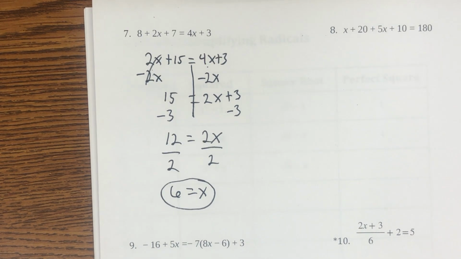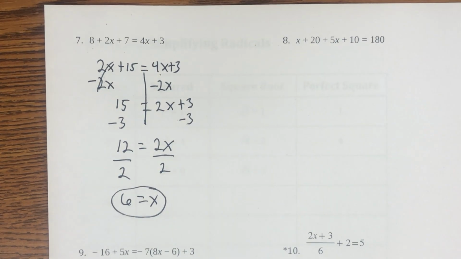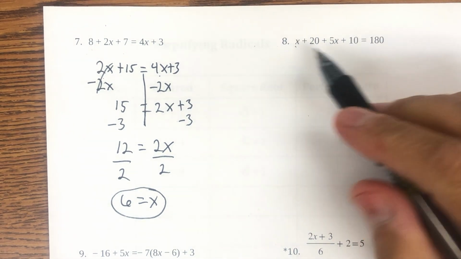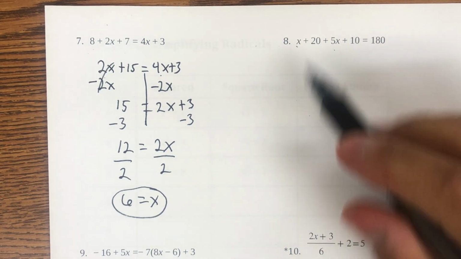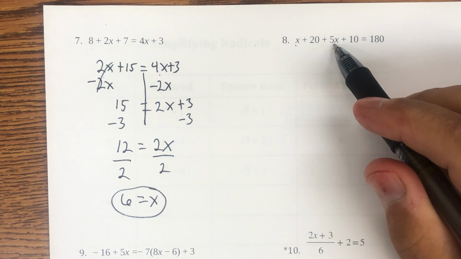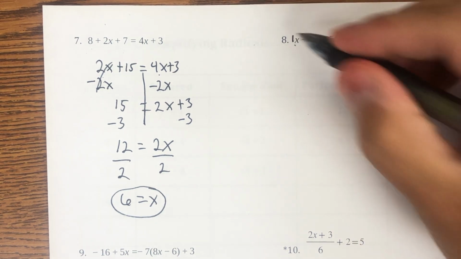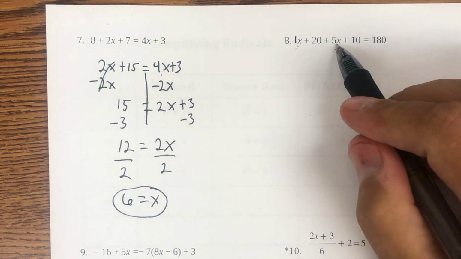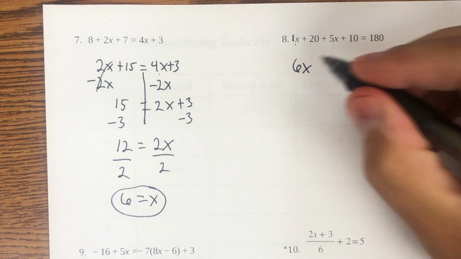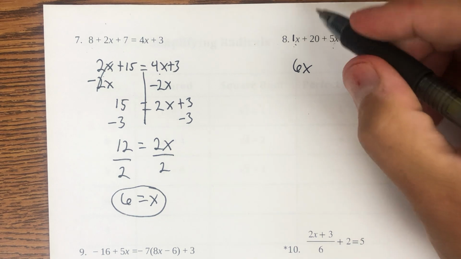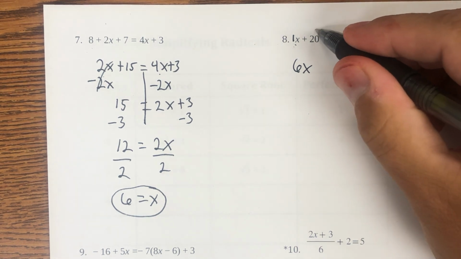A little bit tougher here on number 8 as well. I see like terms. I have x's on the left and I have constants on the left. Round up my x's. Since they're on the same side, I combine them. An x with nothing in front of it is the same as a 1x. So 1x plus 5x is 6x. I round up my 20s and my 10. Those are constants. Those are like terms.